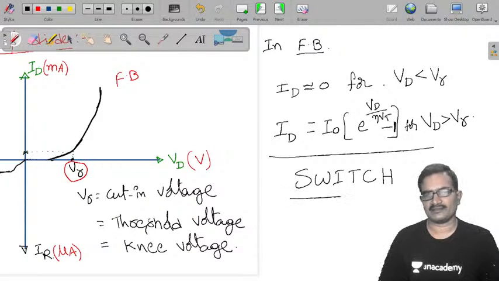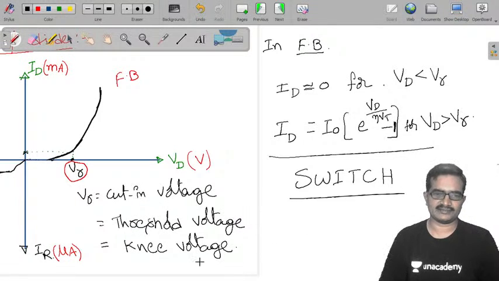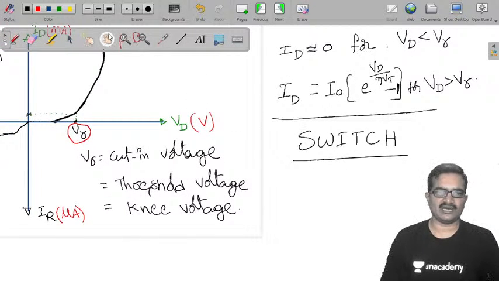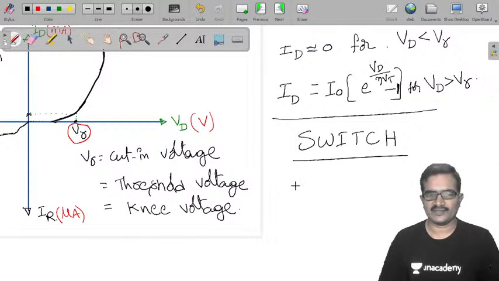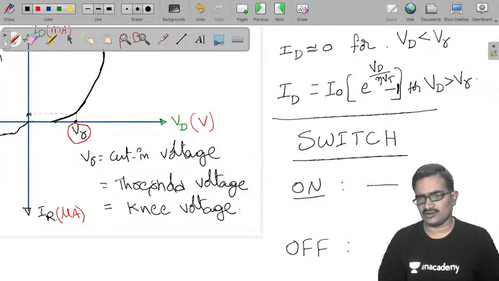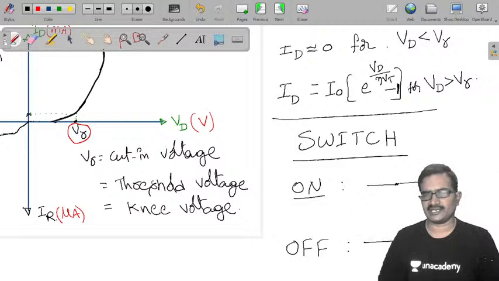A switch has two modes of operation: one is on, the other is off. In on mode, it should behave like a short circuit. Off switch means it is an open circuit.